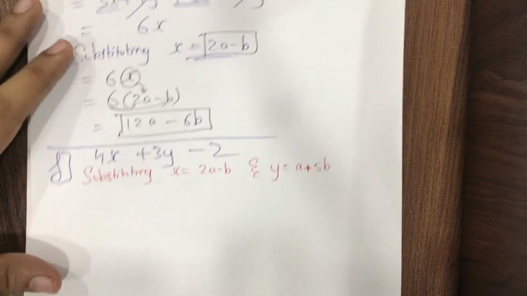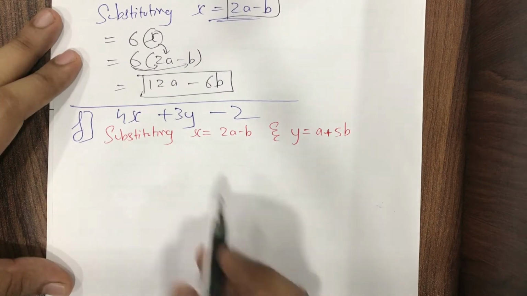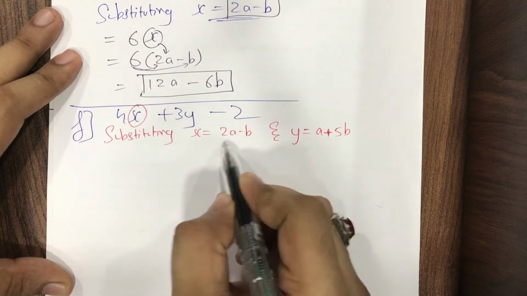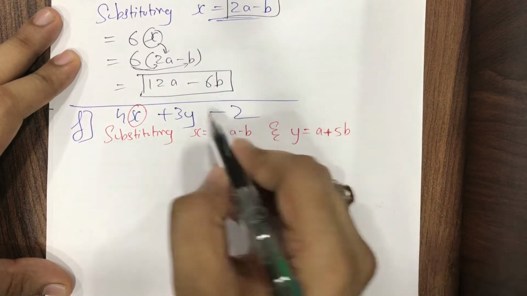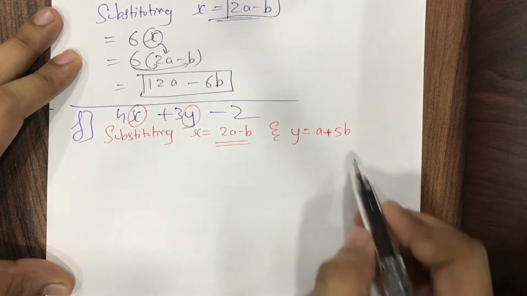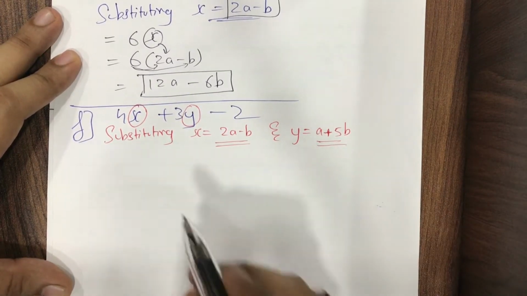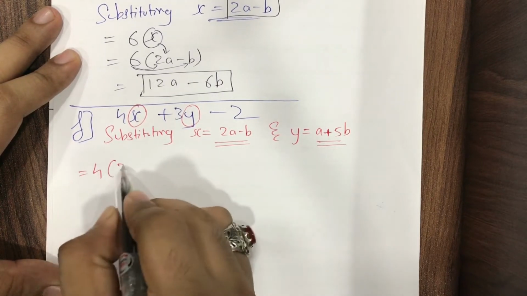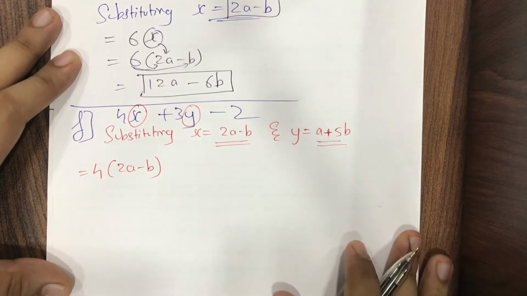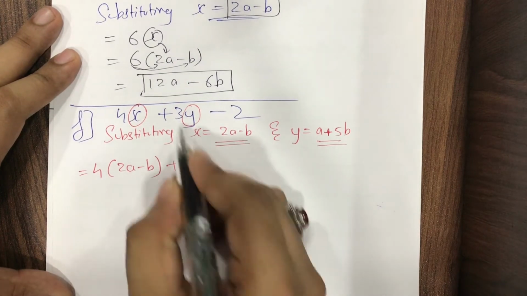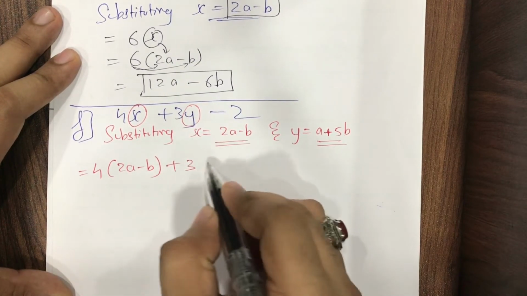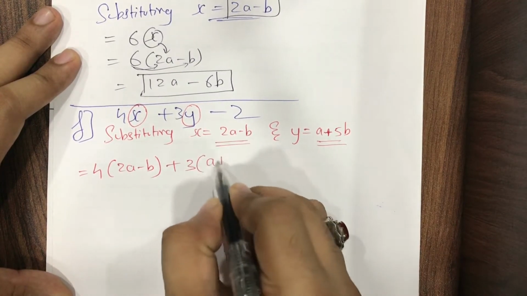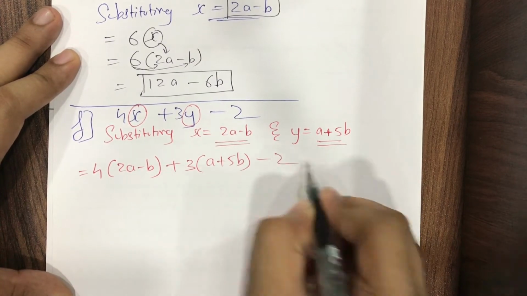So now, wherever we have x, I'll put 2a minus b, and wherever I have y, I'll put a plus 5b. Let's see here. So 4 as it is 4, at the place of x, 2a minus b. Plus as it is plus. 3 as it is 3. At the place of y, I'll put a plus 5b. Minus 2 as it is minus 2.